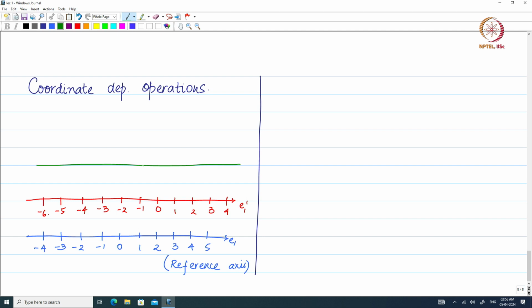So, my origin is going to be shifted to -1. So, this is going to be 0, 1, 2, 3, 4 and 5. Let me call this the E1 double prime axis. This is going to be -1, -2, -3, -4 and -5, right.